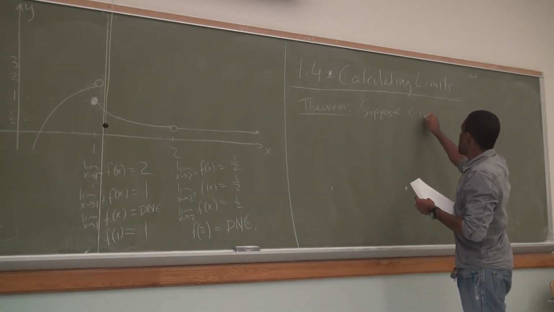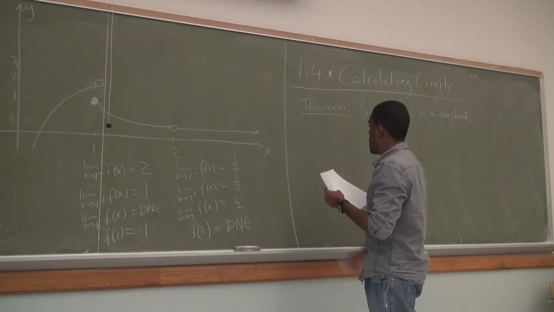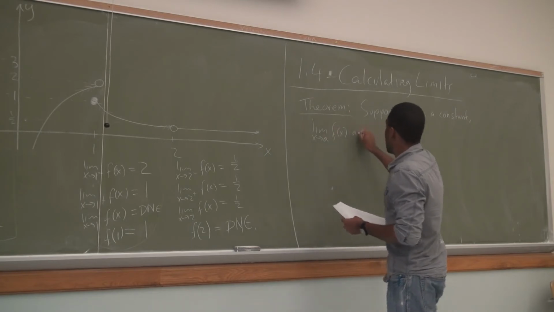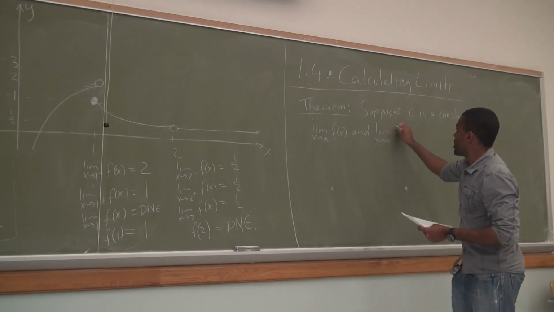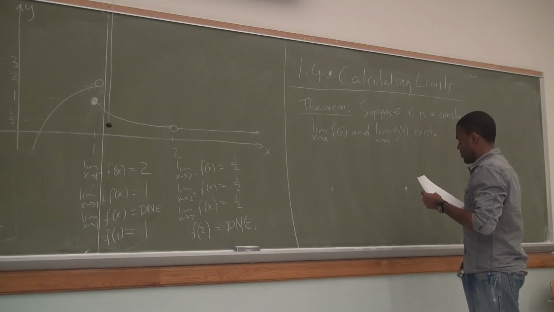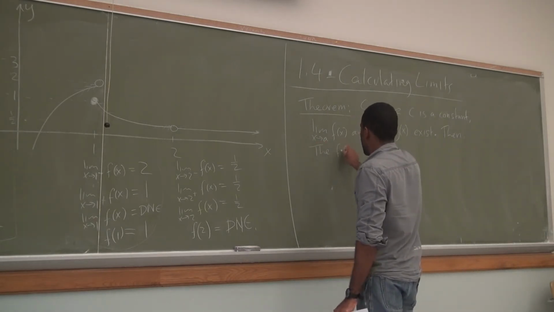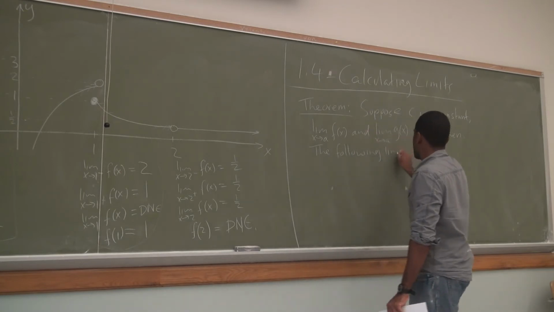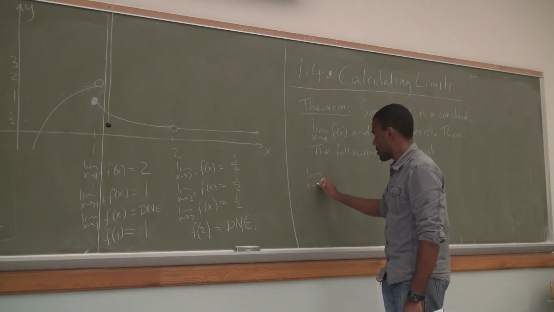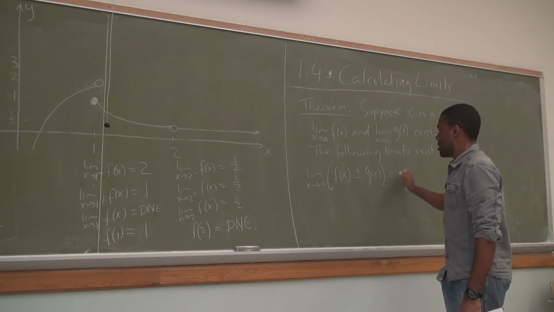So, if the following limits exist: if you take the limit of the sum of these two functions, it's just equal to the sum of the limits.